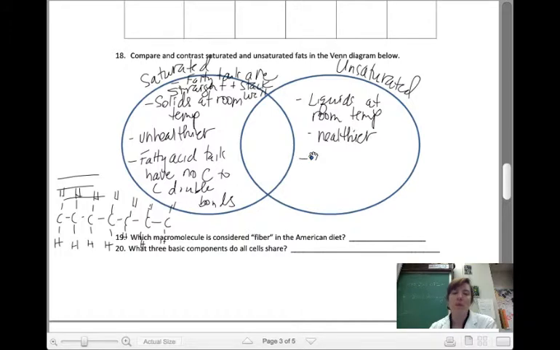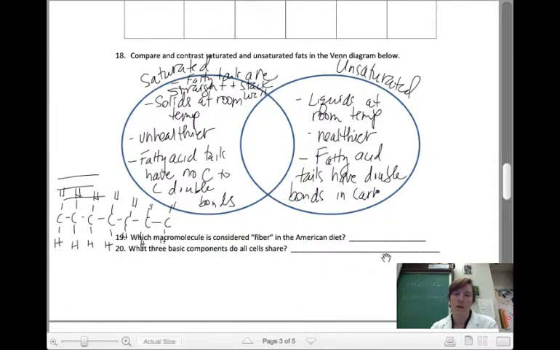Unsaturated fats, the fatty acid tails have these double bonds between their carbons. So we have C double bonded to C. And what happens there is we get these kinks in the chain.